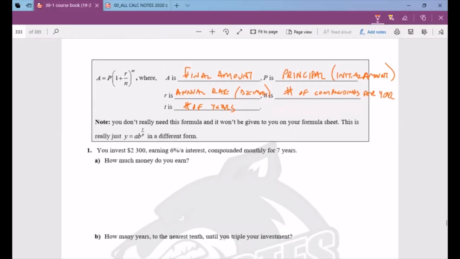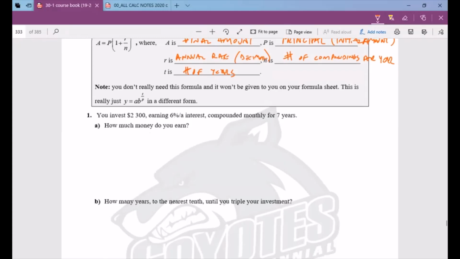So throw that all together. You invest $2,300, earning 6% per annum interest, compounded monthly for 7 years. How much money do you earn? So A is equal to P times 1 plus r over n to the nt. 2,300 is your principal. 1 plus 0.06 is your rate as a decimal. We are compounding monthly, so this is divided by 12.